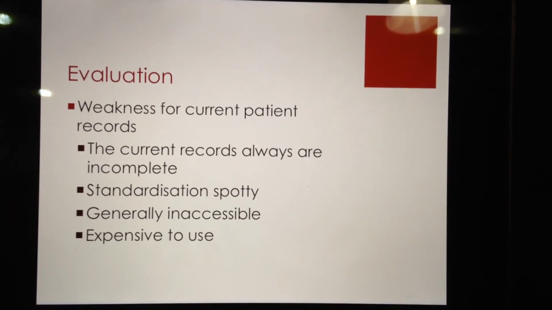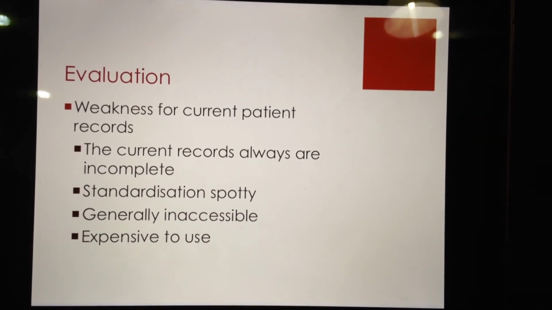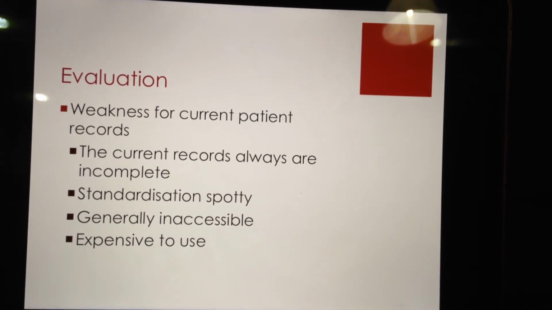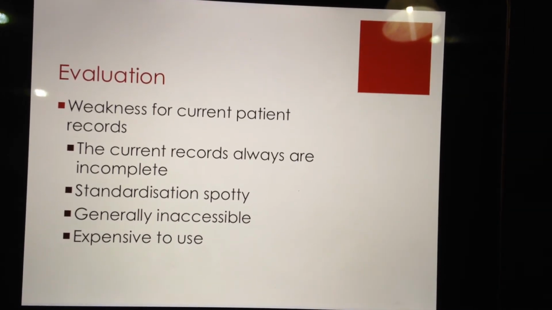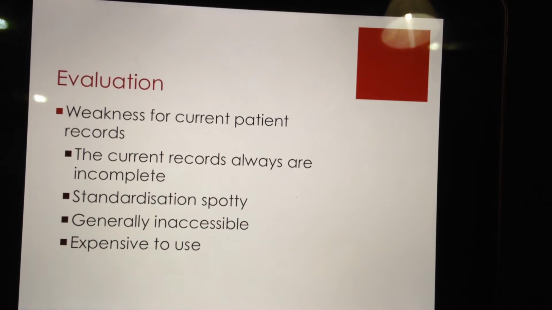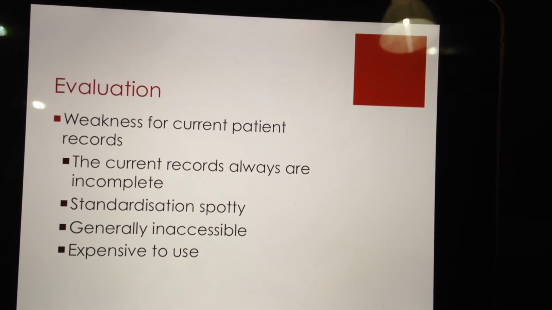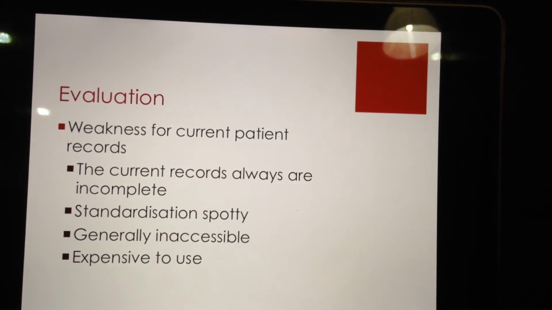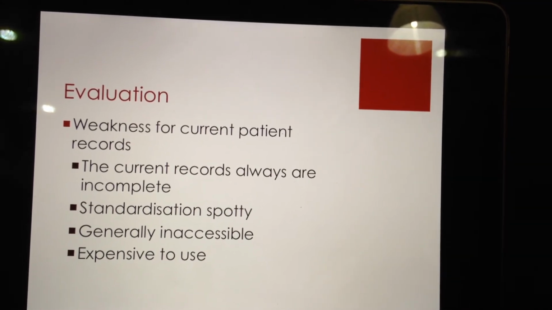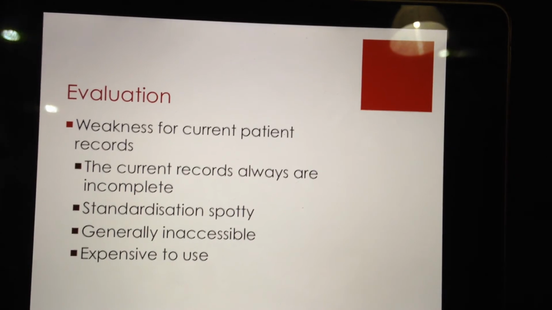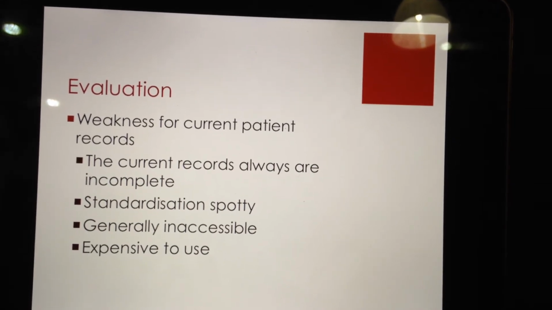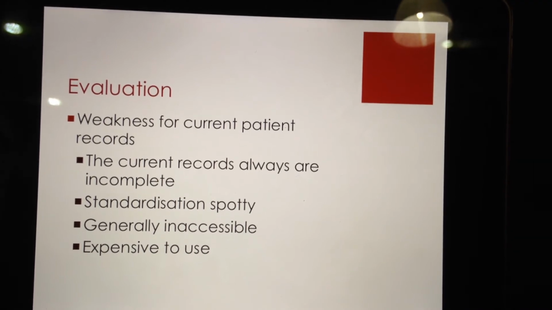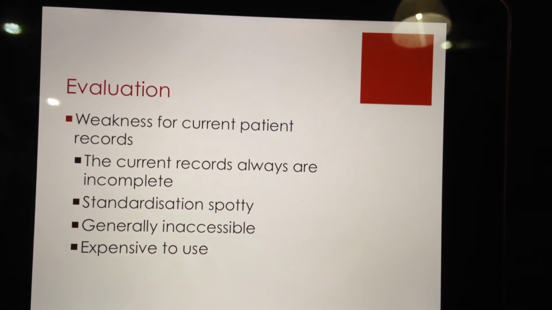Next one is the standardization spotty. For example, while coding schemes are generally universal for the patient record system, coding rules are often different. Also, the office practice is always unstandardized. Next one is the current patient record system is generally inaccessible.